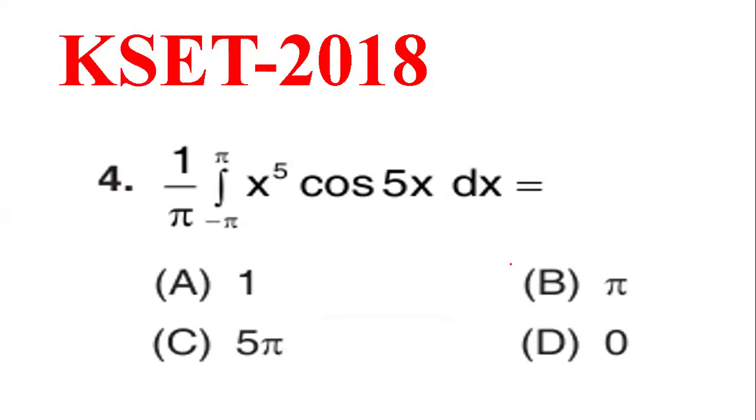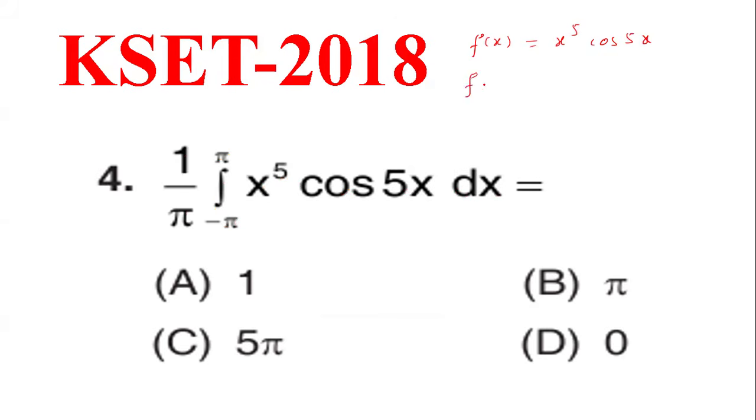Next. This is also a KSET 2018 question. 1 by pi integration from minus pi to pi of x raised to 5 cos 5x dx. This is also simple. f of x is equal to x raised to 5 cos 5x, as given.